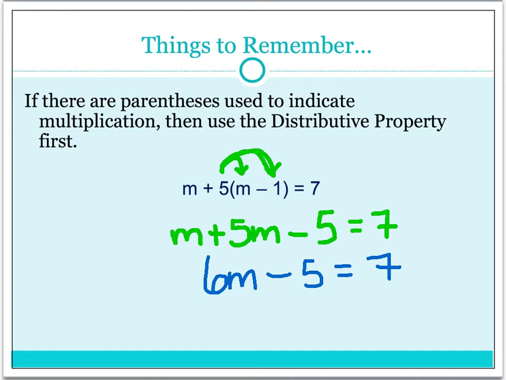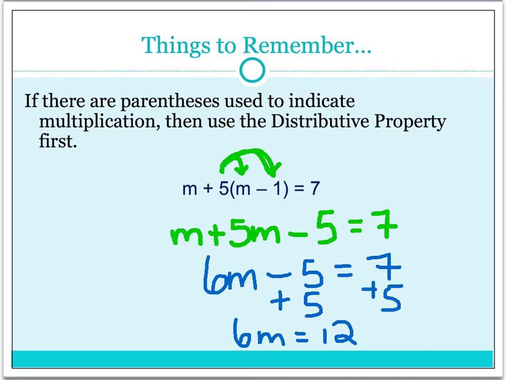I now can use my operations to undo that -5. I can undo that -5 by adding 5 to both sides. And I get 6m is equal to 12. We now know that 6 is being multiplied to the m.